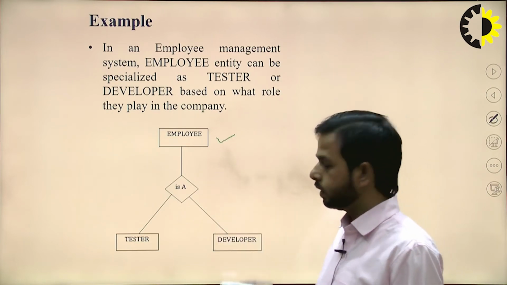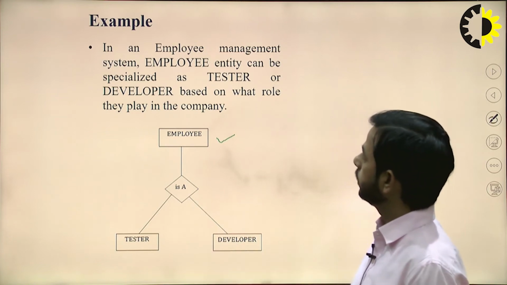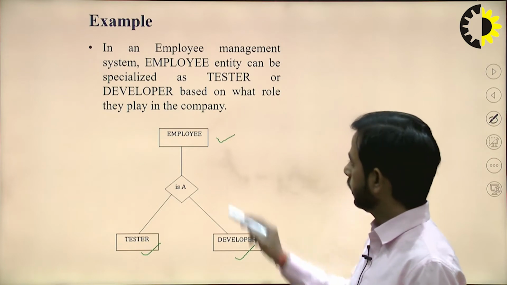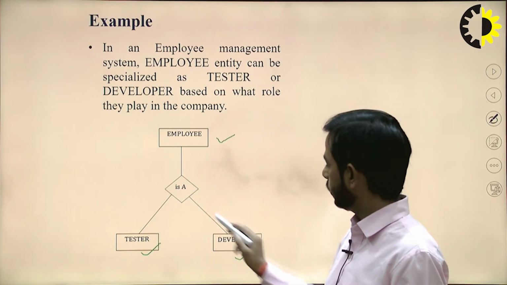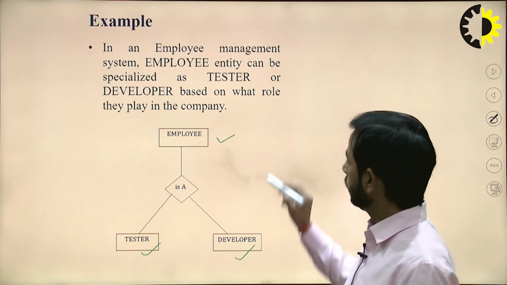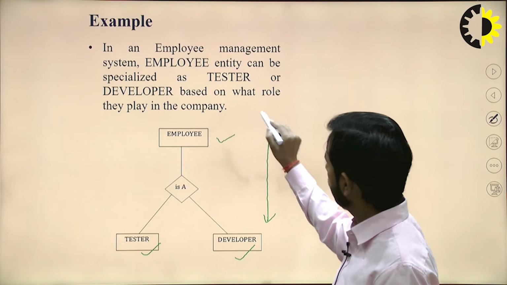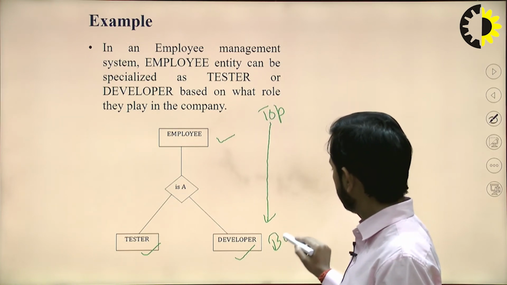It is broken up into two smaller entities, two subsets, that is tester and developer. So an employee is a tester and an employee is a developer also. So it is a top down approach. We go from top to bottom.